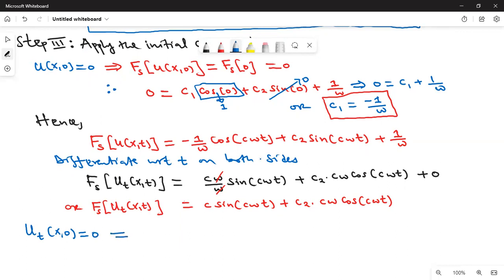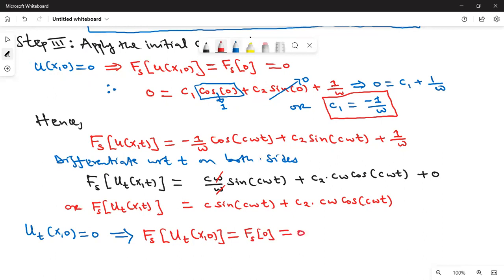So from here, what does it mean? If I take the transform on both sides, I'm going to get Fourier Sine Transform of u subscript t of x,0 should be equal to the Fourier Sine Transform of 0, which is equal to 0.